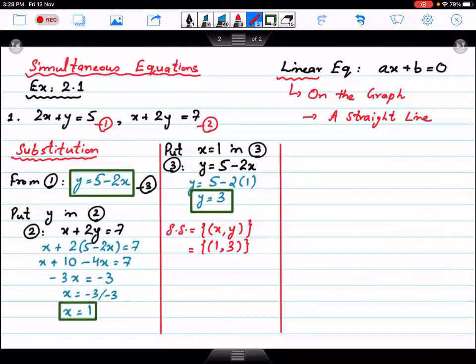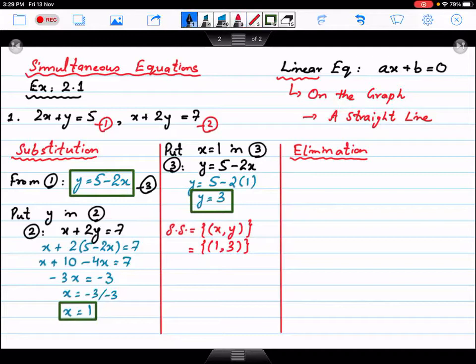Okay, now we move on to the elimination process. What is the elimination process? Elimination means that we have to cut off a single variable.